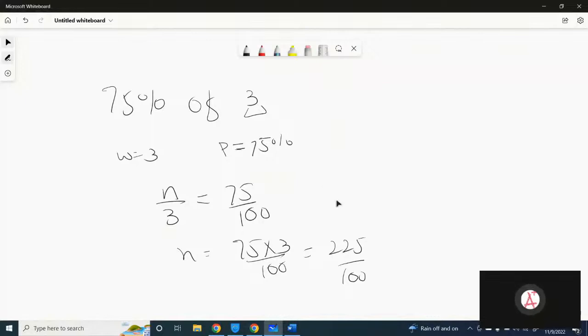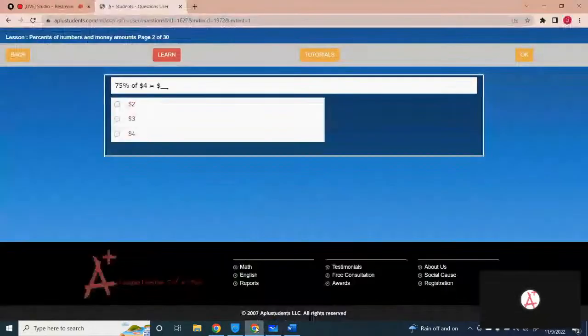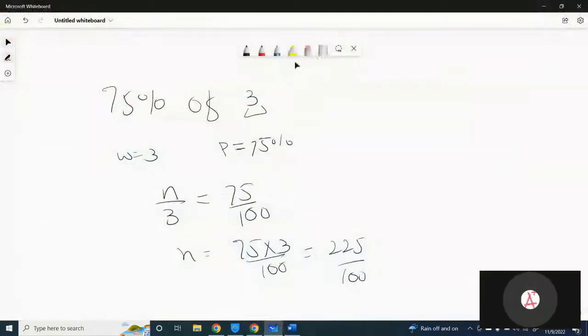I think you have to calculate 75% of 4. Yes, it is 4. Because I know the answer, so it would be 75% of 4. 75 times 4 is, I think, mm, 300.